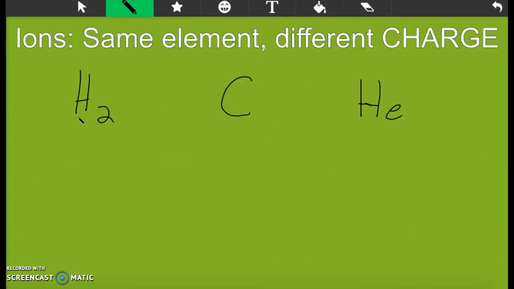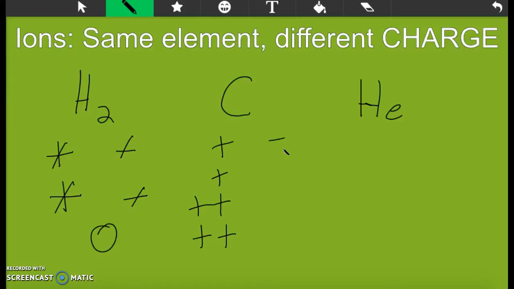Now, hydrogen has one proton and one electron. But this time we have H2, so we have two hydrogens. So call it two positives and then two negatives. This cancels out this, and this cancels out this. Overall, 0. Carbon, 6 protons, 6 electrons.